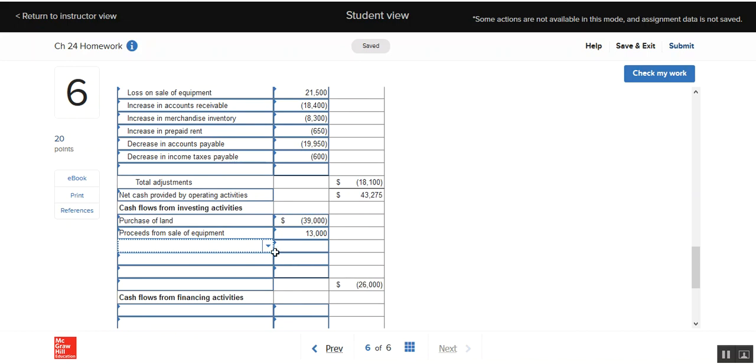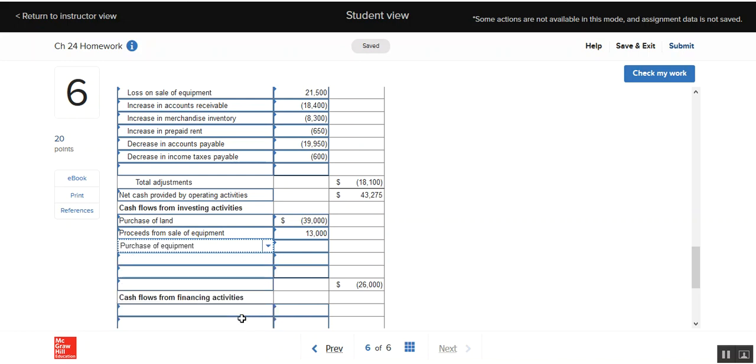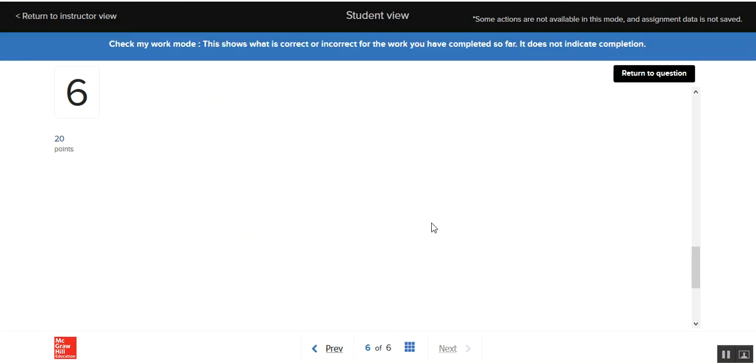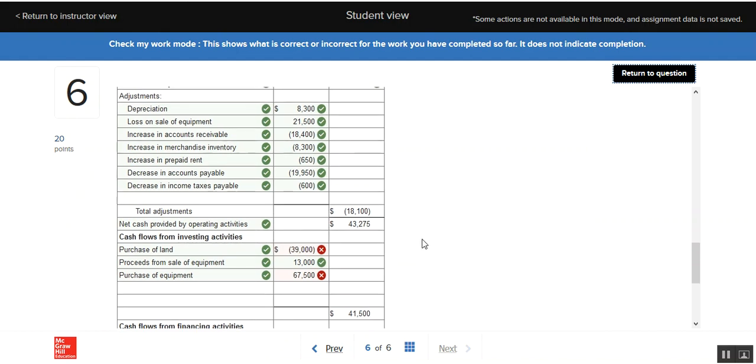And then we purchased equipment. I'm not sure if this is what it's saying or not. Let's try this and see if I've got my numbers right. No, I do not.